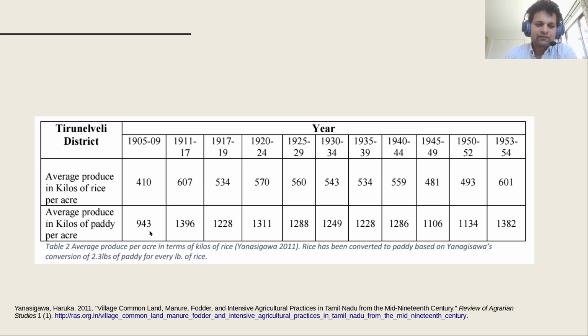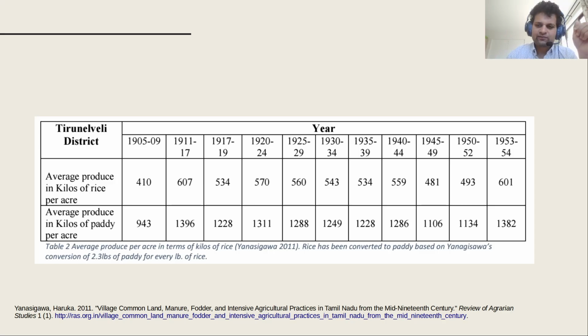Typically 943 kilos of paddy per acre translates to 410 kilos of rice, because you get all that husk and chaff taken out. So it's roughly around 45%. If you have X amount of paddy output per acre, your rice output will be 45% of that.